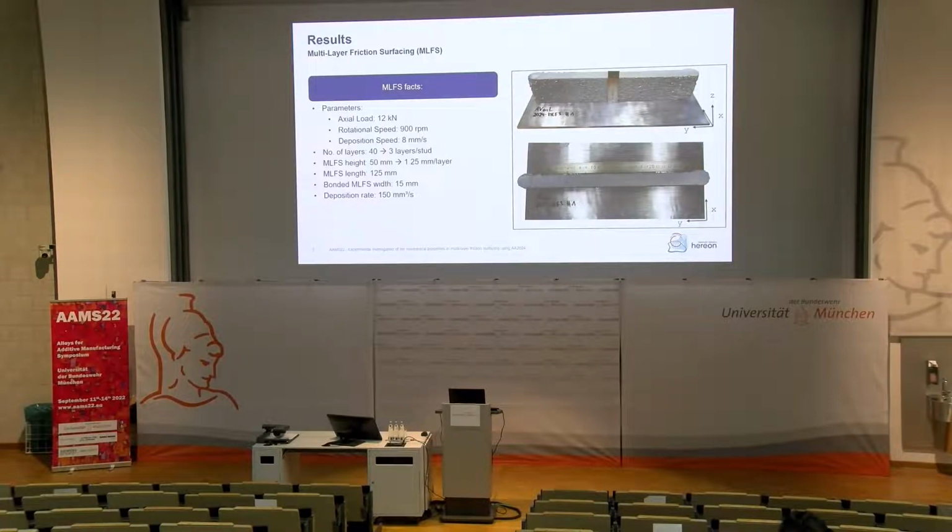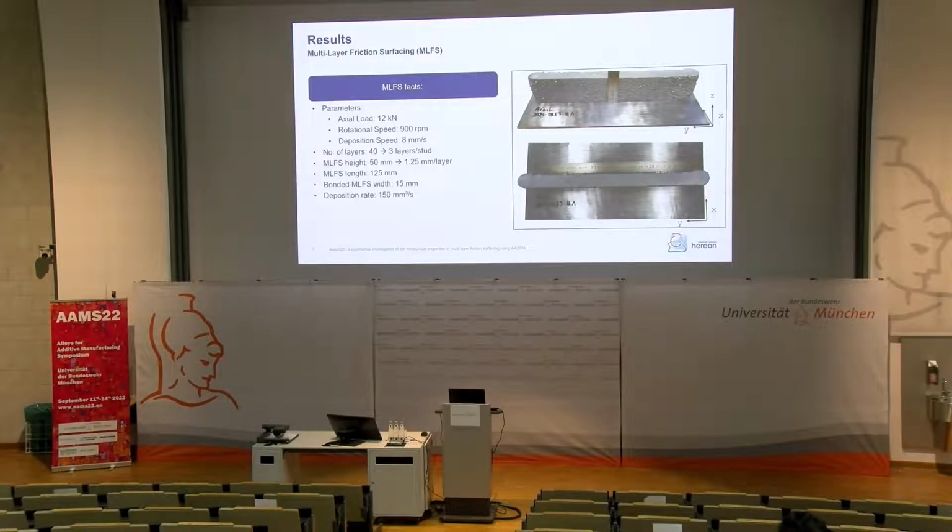These parameters were selected based on another study for a dissimilar material combination for a deposition of 2024 to 7050. But we also showed that it's working for the similar material combination.